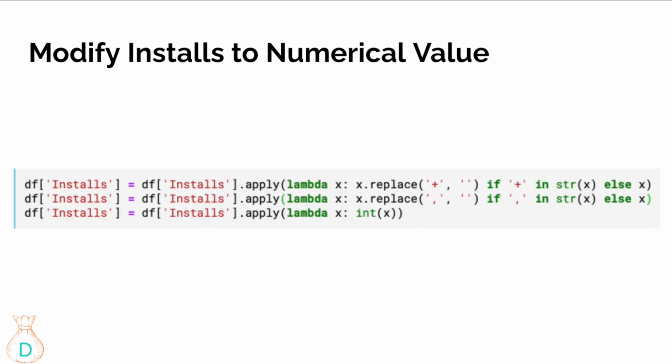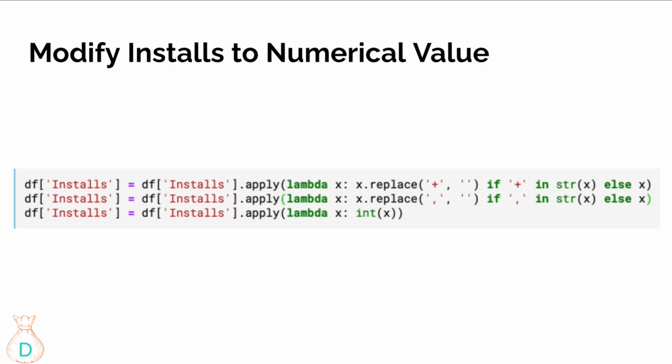After we have taken care of the Free value that we want to filter out, now we need to make sure that the plus signs and the commas are removed. We can do that by applying a lambda x.